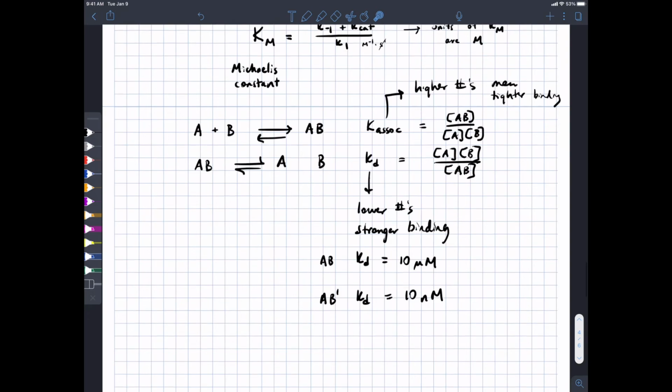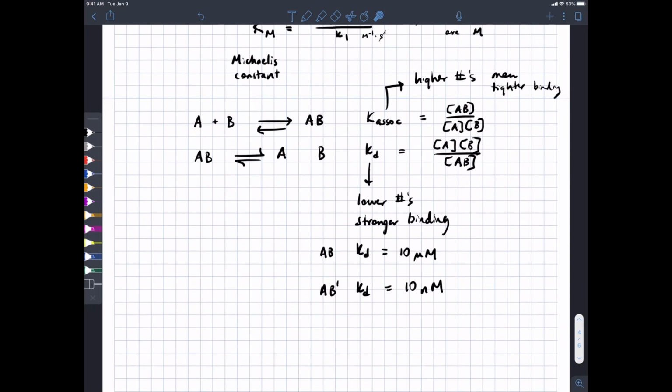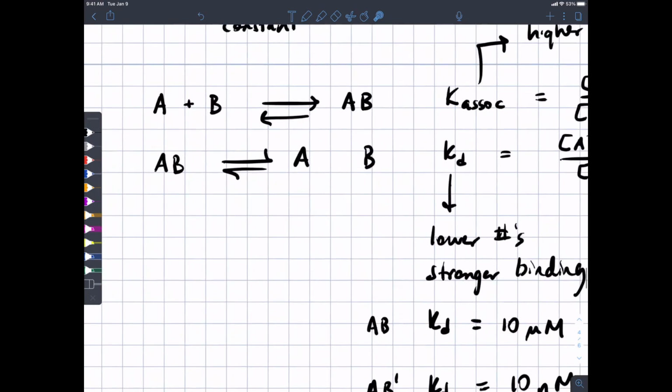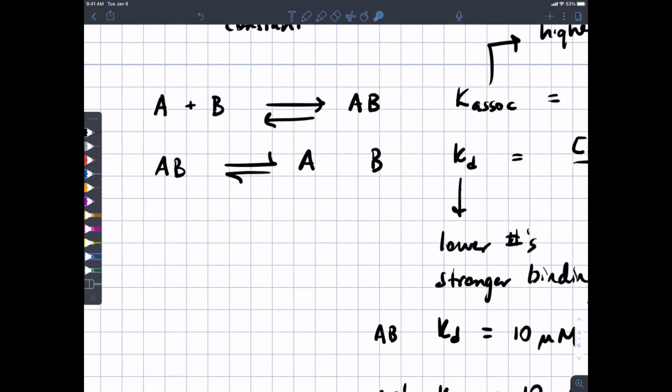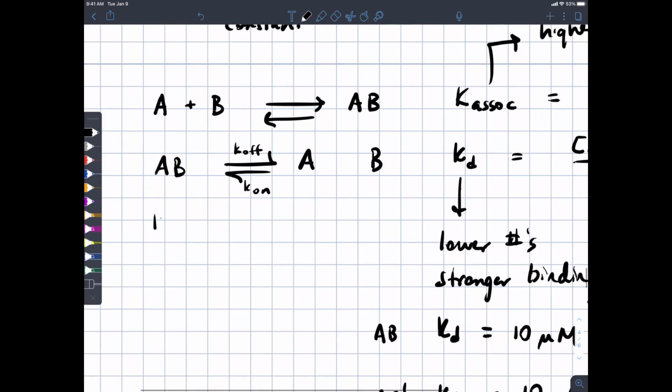Okay, one other thing about dissociation constants: you have a rate for binding, which is k on, and you have a rate for dissociation, which is k off. And the binding constant Kd is going to equal k off divided by k on.